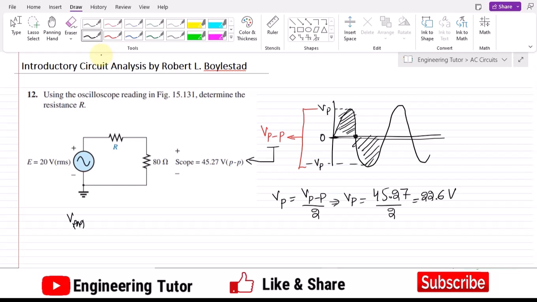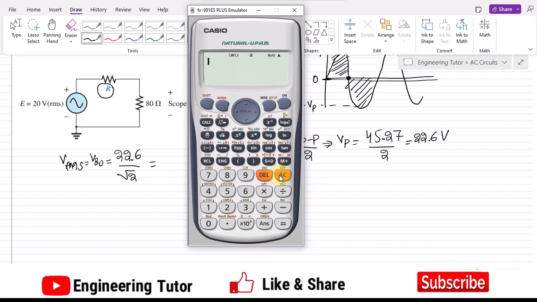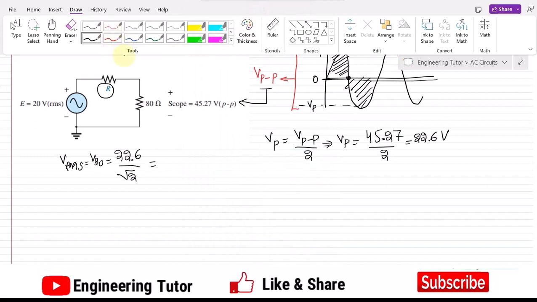So the RMS of this value, or let me call it V80, is 22.6 divided by the square root of 2. So it will be 15.9, and that is almost equal to 16 volts.